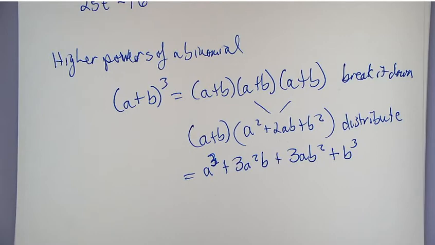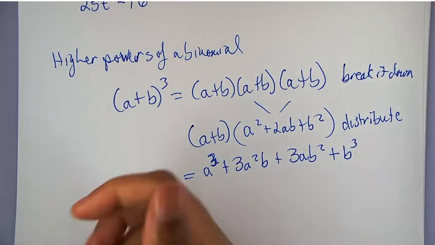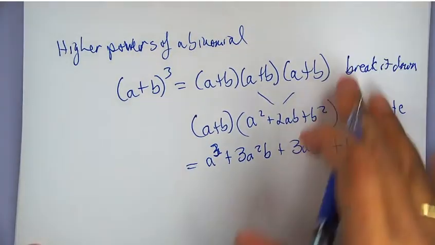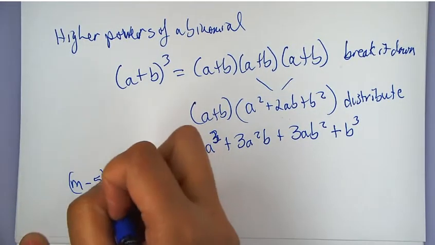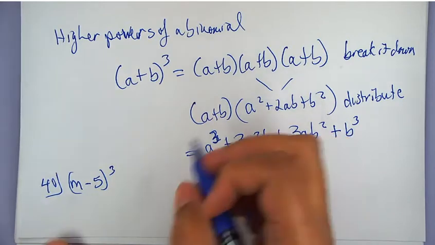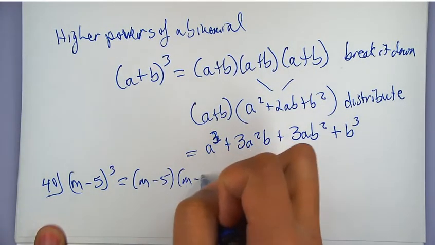Let's put a couple problems in action. Let's do number 40. Let's take m minus 5 cubed. So essentially this is m minus 5 times m minus 5 times m minus 5.